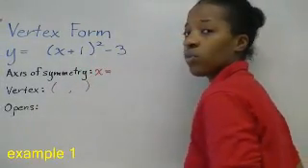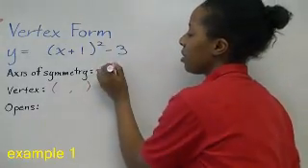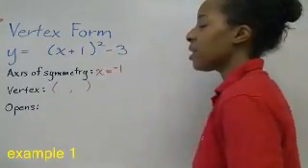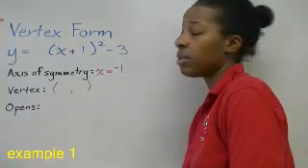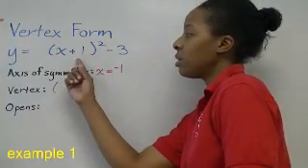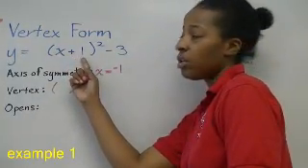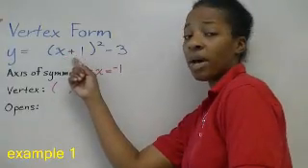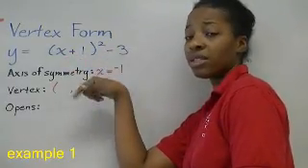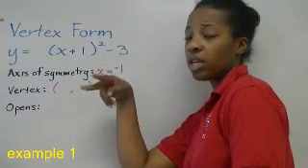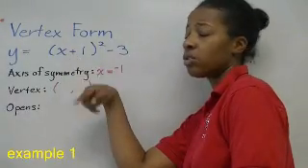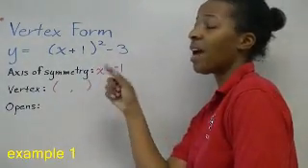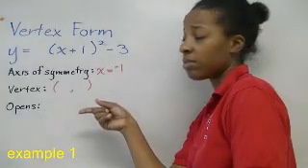It's x equals 1, but it's not. It's actually x equals negative 1. Due to the fact that the original formula says x minus h, when we plug in a negative 1, two negatives make a positive. So really the h value is the opposite of what it appears to be.